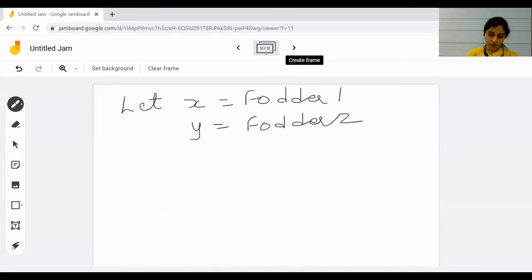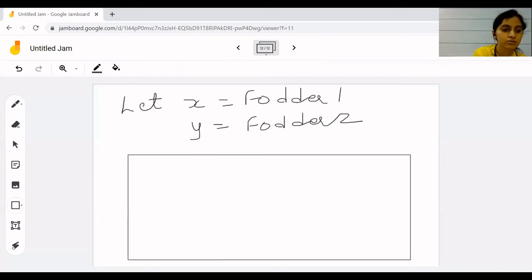Now we'll make our table. That is the table that we require to make an LPP. So what should be there in this table? I'll show you. Again, we'll have nutrient and fodder.